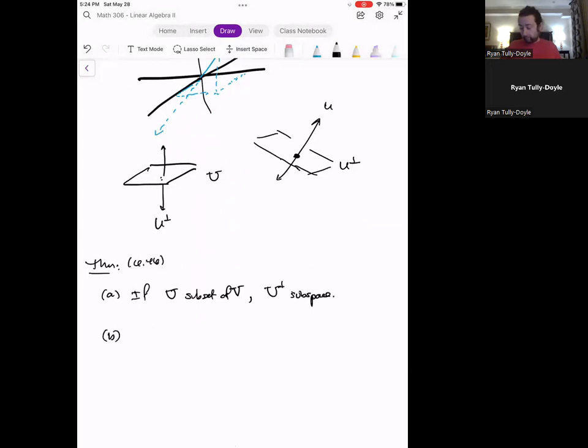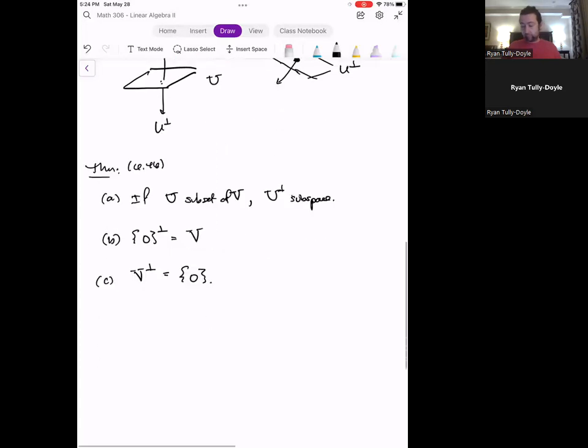B: The orthogonal complement of 0 is the entire vector space, because of course the inner product of 0 with anything is 0, and so 0 is orthogonal to every single vector. C: The orthogonal complement of a whole vector space is just the 0 vector, because the only vector that is orthogonal to every vector is 0.